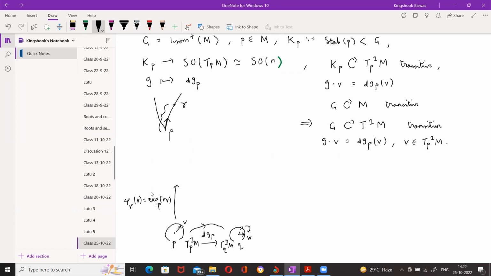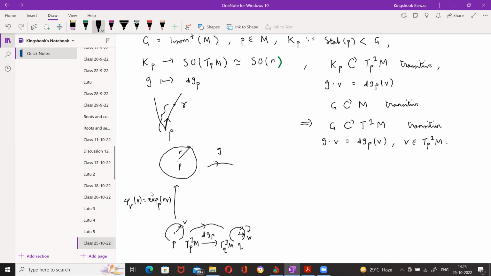Okay. So that's going to send this to a point on the geodesic sphere. Right? This distance is going to be r. And then I have the isometry G acting here.